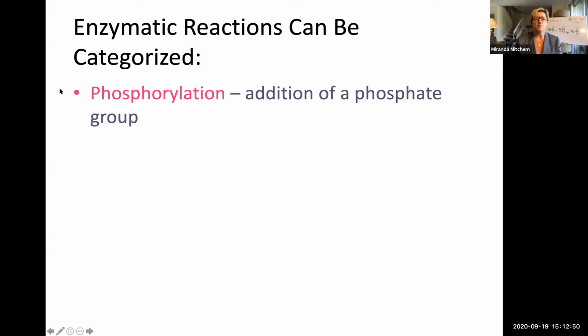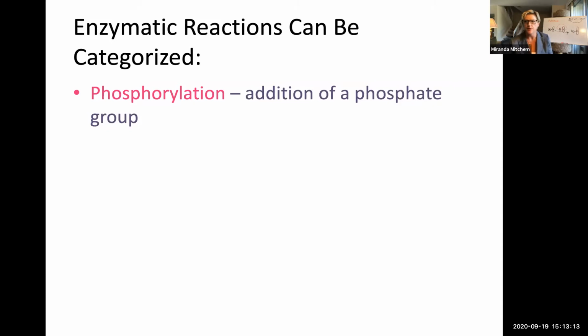So enzymes can be categorized by the type of chemical reaction in which they're involved. Phosphorylation is a big one, and we're going to see it over and over. ADP is adenine diphosphate, and phosphorylation is the addition of a phosphate group.